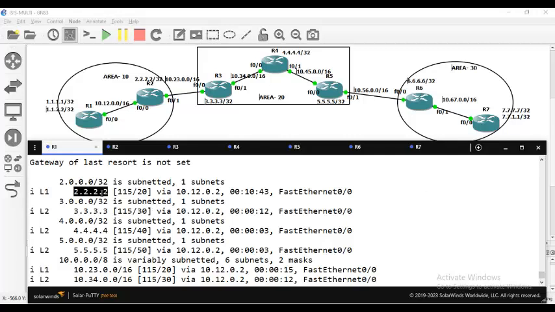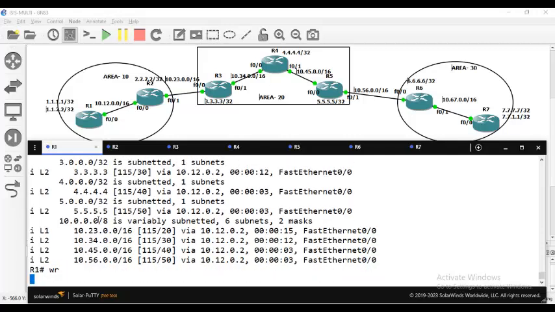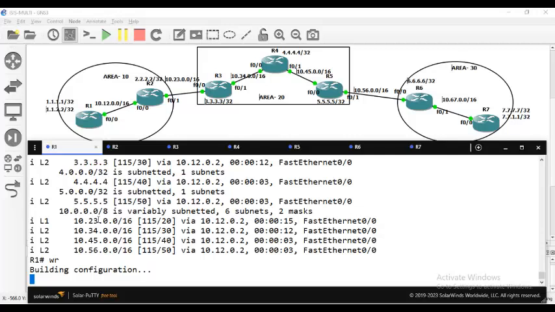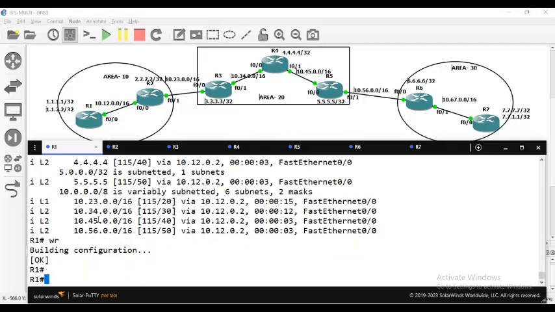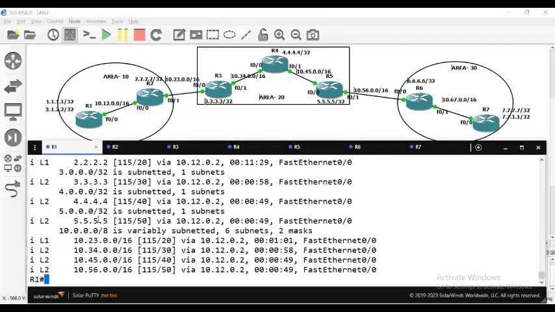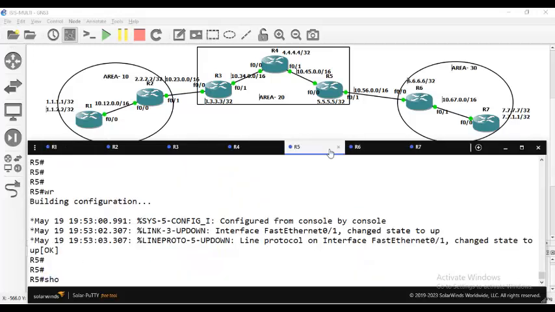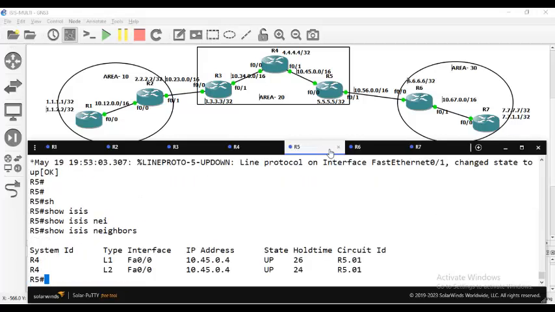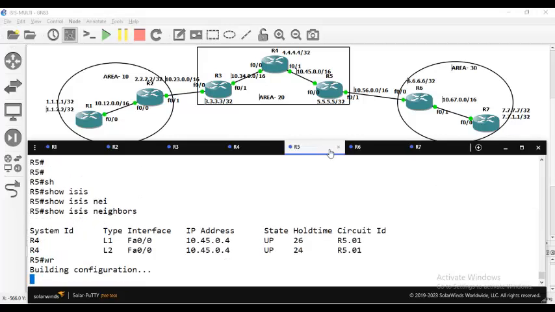Show ISIS neighbor. You see, it's not forming a neighbor with 6. What may be the reason? Interface F01 on R6. Interface F00. Okay, here is the problem.